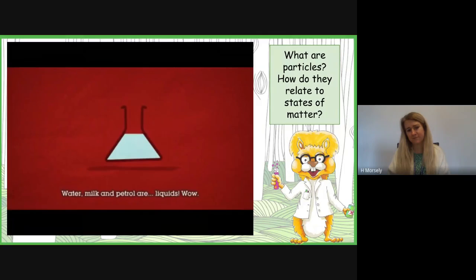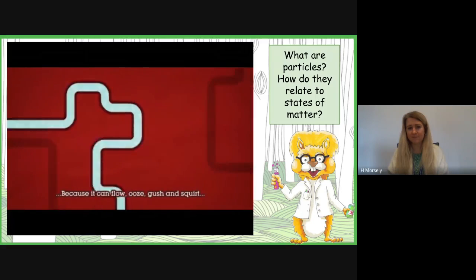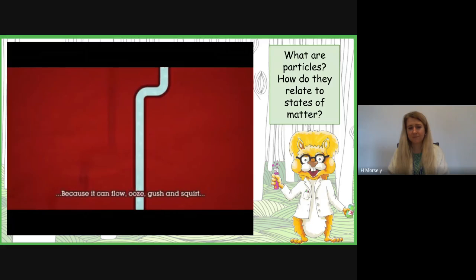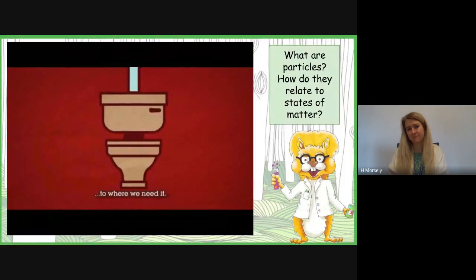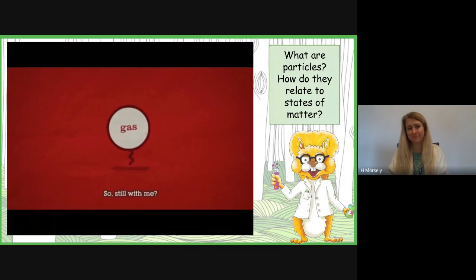Water, milk, and petrol are liquids. Wow. Actually, it's very convenient that water comes in a liquid state because it can flow, ooze, gush, and squirt to where we need it. So, still with me?